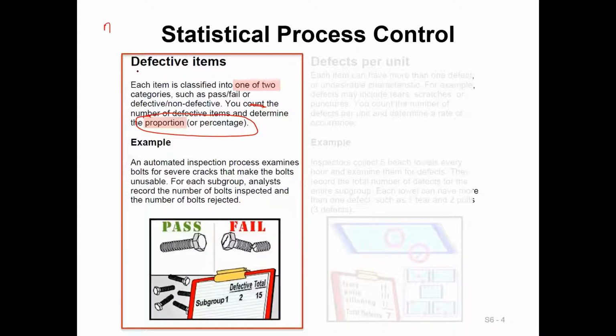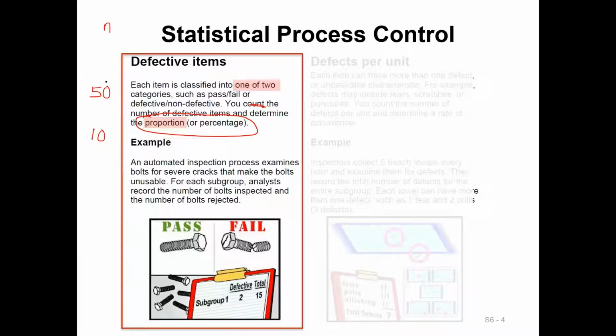Counting defective items will be misleading. Why? For example, if in the first round of inspection I collect 50 samples, and in the second round I collect 10 samples.